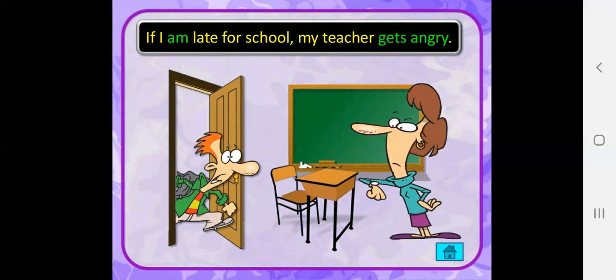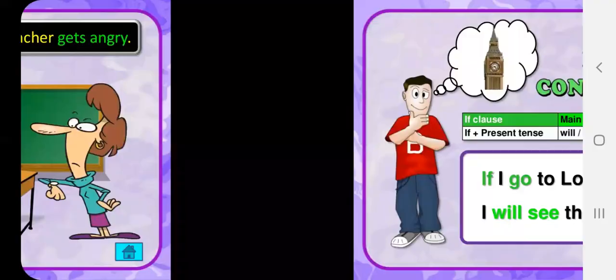In such sentences we can use the word when. When I am late for school, my teachers get angry, which is also in a sense correct. Now I am moving to another one.